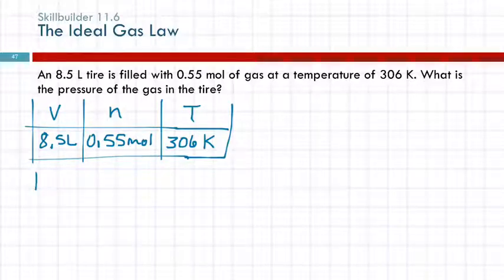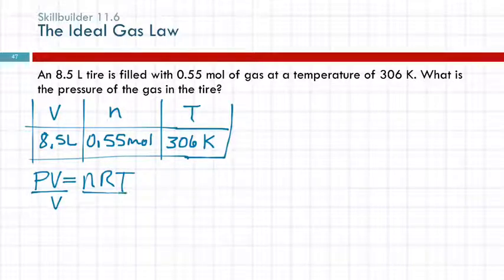So ideal gas law, PV equals nRT. This time we're solving for pressure, so we're going to divide both sides by volume. The pressure equals nRT divided by V. So N, 0.55 moles.